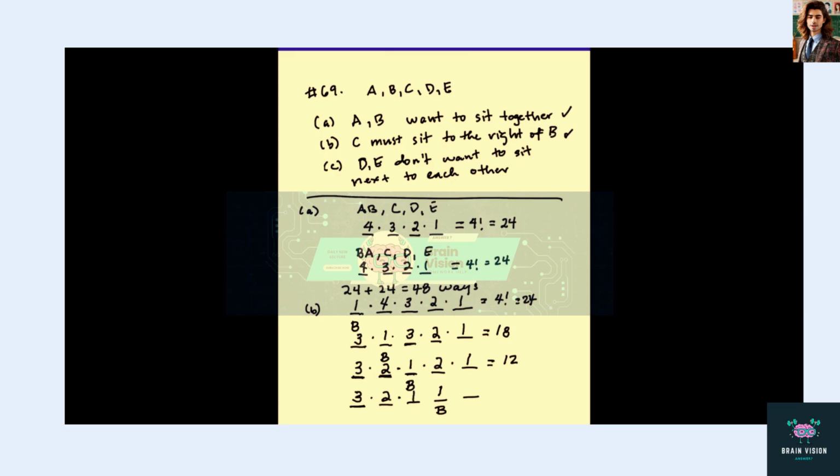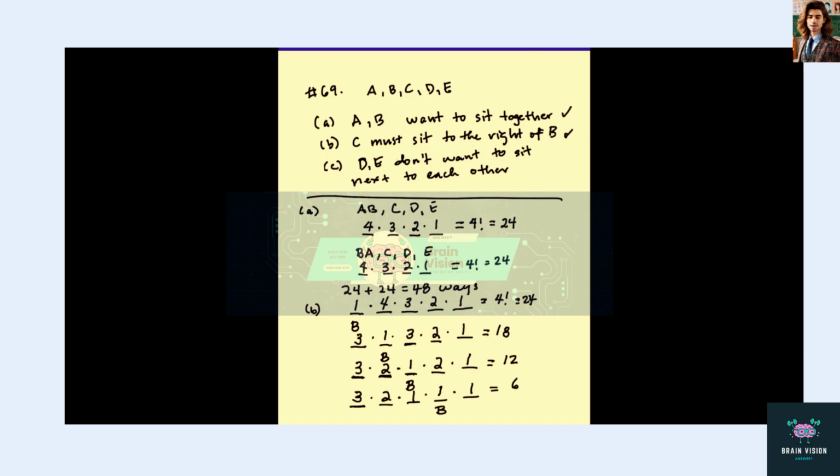Third seat, 1. And on the 5th seat, there will only be 1 possibility. If we multiply these numbers by the fundamental counting rule, we get 6. Note that B cannot sit on the 5th seat because then C won't be able to sit anywhere, because there is no way C can be seated to the right of B.